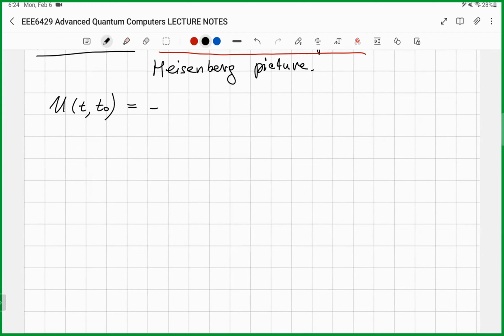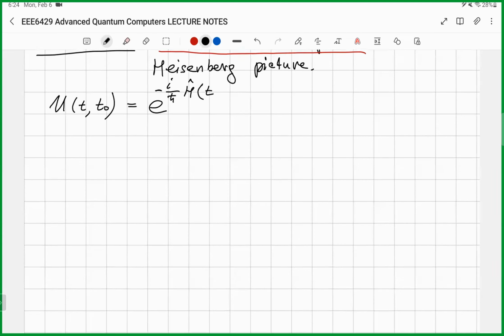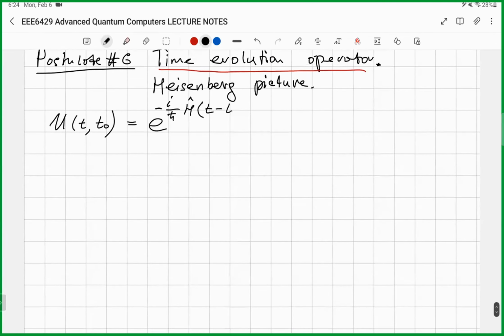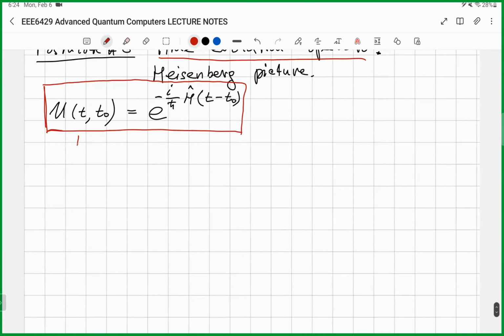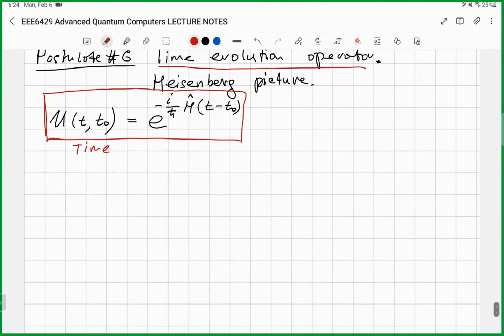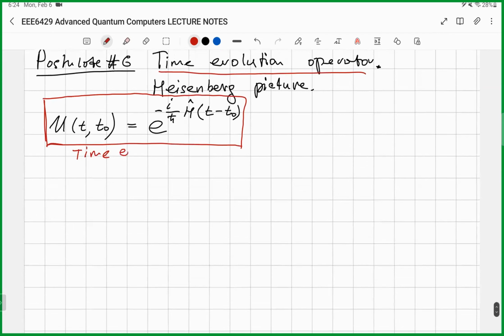And it simply equals the exponential function to the power of minus i over h bar, then the Hamiltonian, and then the difference t minus t sub 0. So this is the time evolution operator.